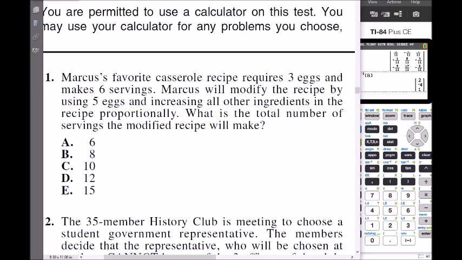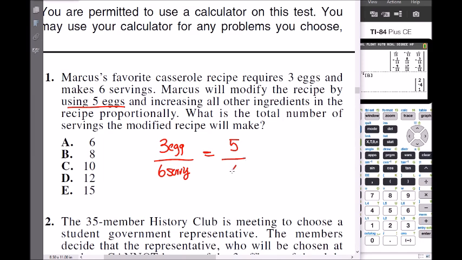Marco will modify the recipe by using 5 eggs now, same ratio, increasing other ingredients in the recipe proportionally. What is the total number of servings the modified recipe will make?